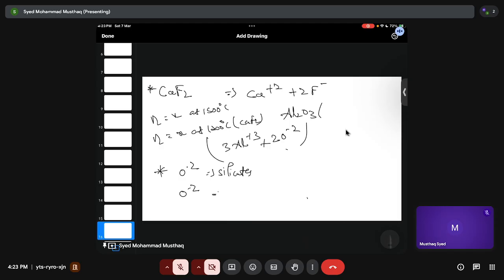And there is the bridge-breaking oxygen atom, which you can also call non-bridging. The bridging one is present in this structure, and this is your free oxygen. So this is about that.